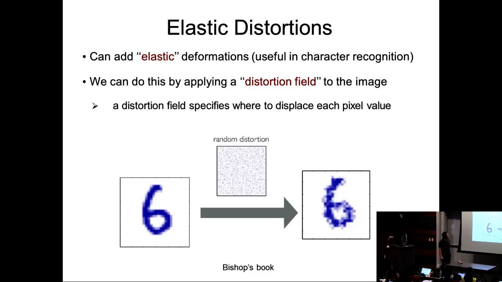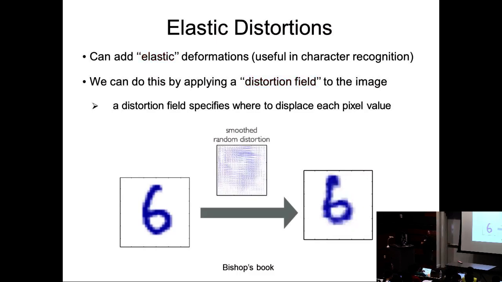The idea is that the distortion field would specify where to displace each pixel. So for example, here's the input. This is your random distortion, right? For every single pixel location, you just randomly draw a vector for where you want to displace this pixel, right? If you do that, you're going to get something like this.